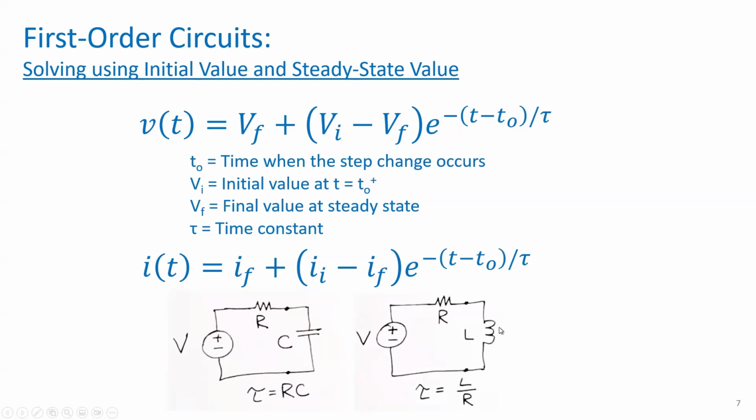If you have an RL circuit, just replace the C with an L. If you solved the differential equation, let's say for the current through the inductor, you would find that the time constant in the exponential argument would be L over R. So that's the time constant when you know the series inductance and resistance. Okay, so that's just something to note. We could prove that, but you can accept that for now. Maybe look in the book if you want to see the derivation, but this is what it will wind up being.